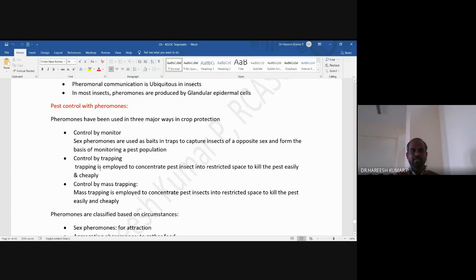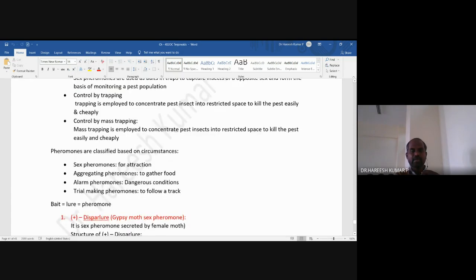So same thing, if this is done in mass, means large quantity, then it's called control by mass trapping. So mass trapping is employed to concentrate the pest insects into restricted space to kill the pest easily and cheaply.